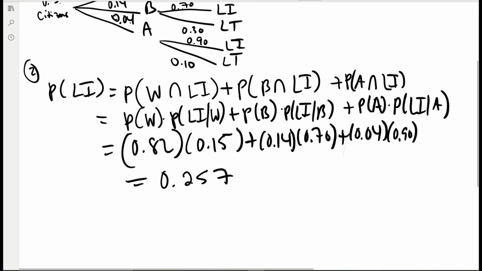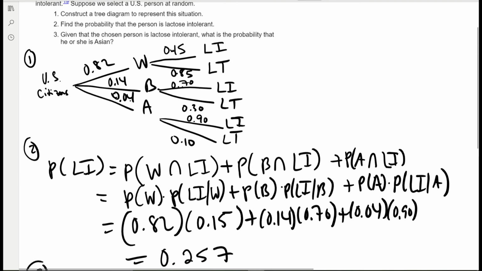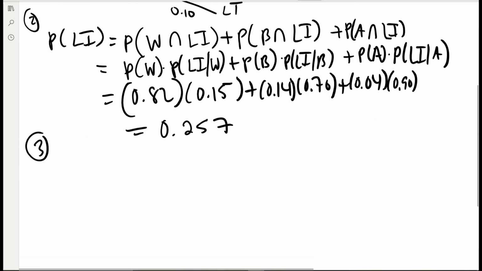let's see, number 3. It says, given that the chosen person is lactose intolerant, what is the probability that he or she is Asian? So given that the person is lactose intolerant, that's a given. So that means we want the probability of Asian given lactose intolerant.